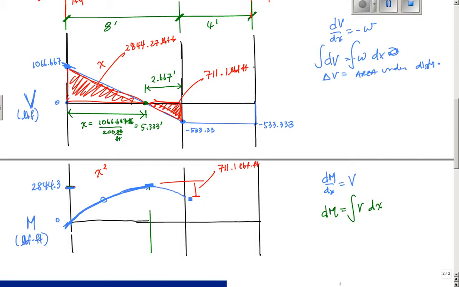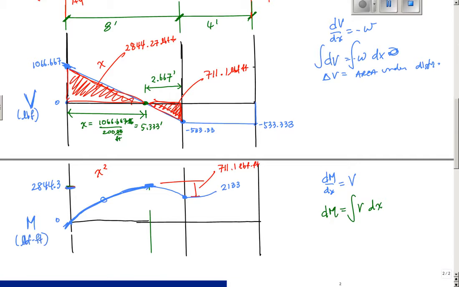I decrease parabolically to this value, which is 2133.7 pound feet. Let's just go with 2133. We don't need to be fancy.